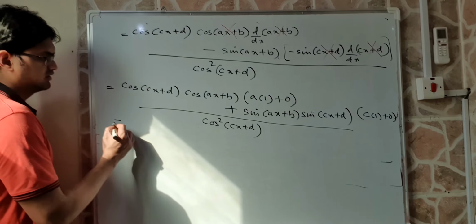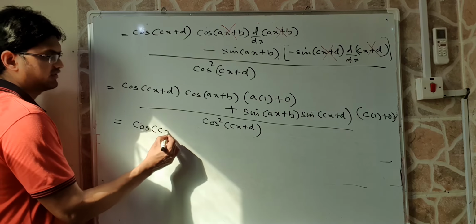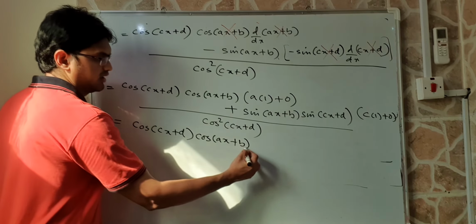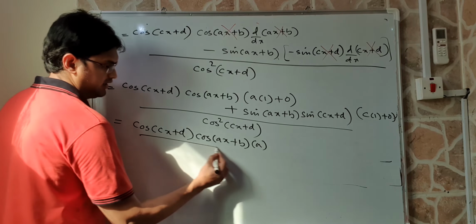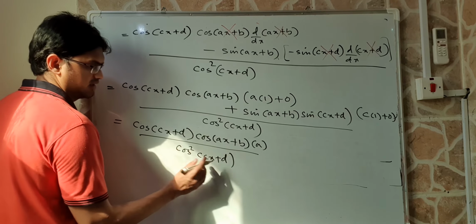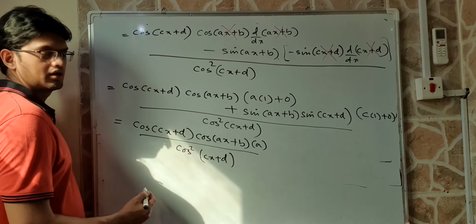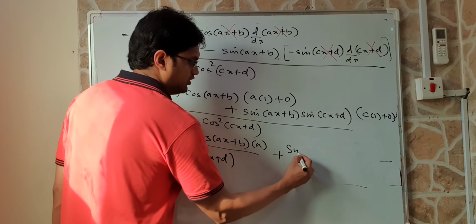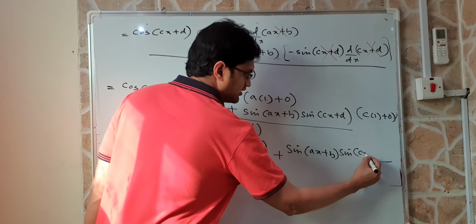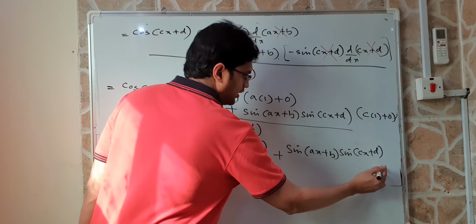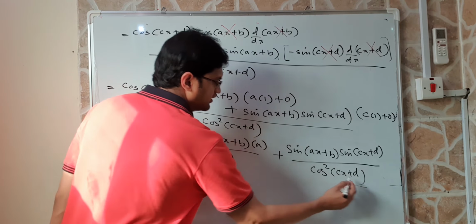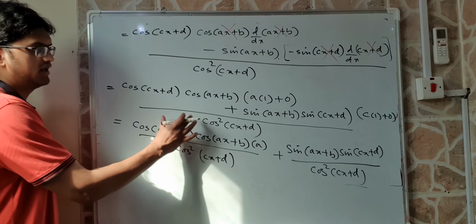Now see further, we can split this: cos of cx plus d, cos of ax plus b into a, divided by cos square of cx plus d, plus sin of ax plus b, sin of cx plus d, divided by cos square of cx plus d, splitting the denominator.